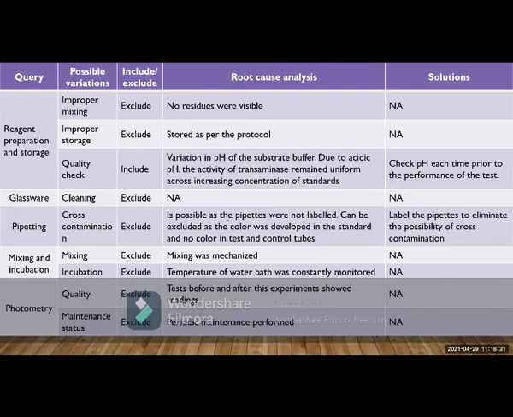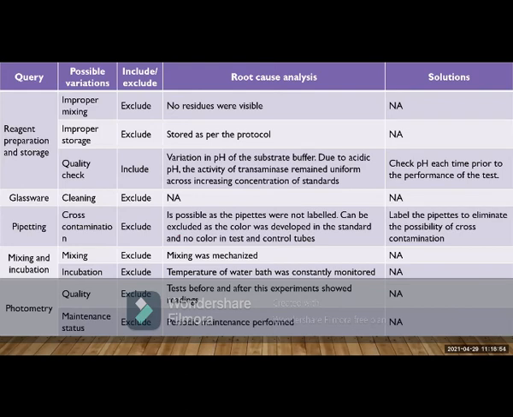Is it possible? The first question, yes, it is possible, as the pipettes were not labeled. In case there was a change in the position of a pipette, we could not have identified it. But we can exclude this as the reason for the problem, because every tube in the standard has shown the same color.